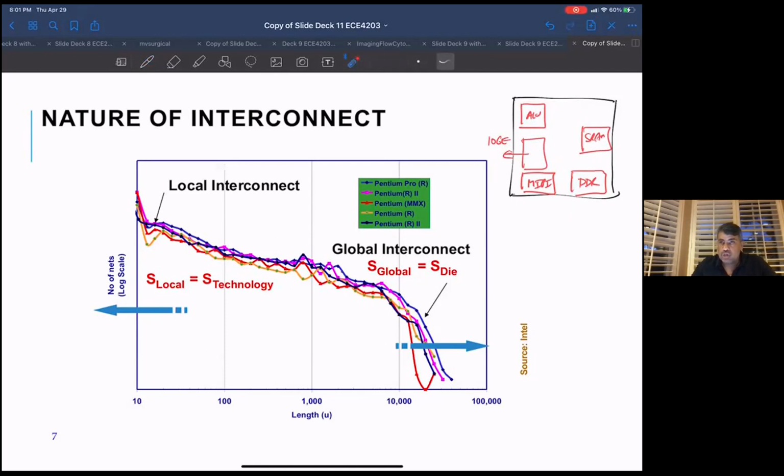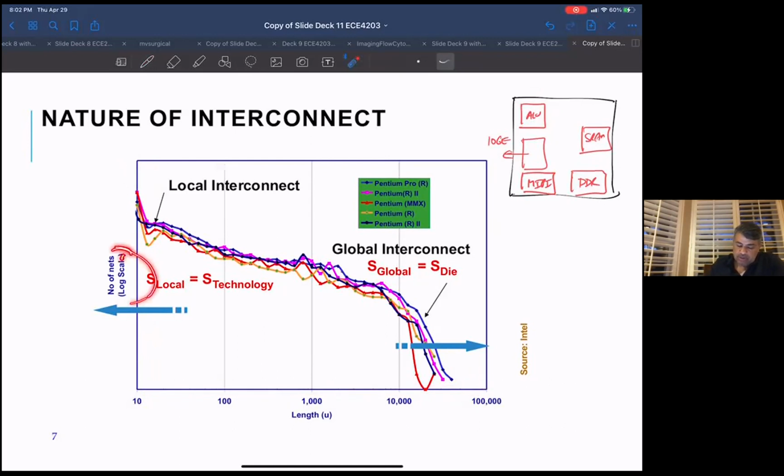From a reduction of design complexity, you're trying to have a hierarchical solution so that most of the connections are happening inside these blocks, and even more, inside small portions of each block. So if you look at a histogram of the wire length versus the number of interconnects that have that length, this is a log scale.